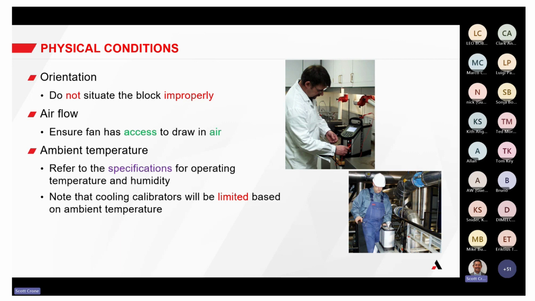And what you'll see on data sheets is a couple of different temperatures. It'll say that the calibrator has this capability at 0 degrees, this capability at 20 degrees, this capability at 40 degrees. So note that not all cooling calibrators will be able to reach that 0 point. And what you want to do is make sure you've got enough energy based on what you're going to do so that it will.